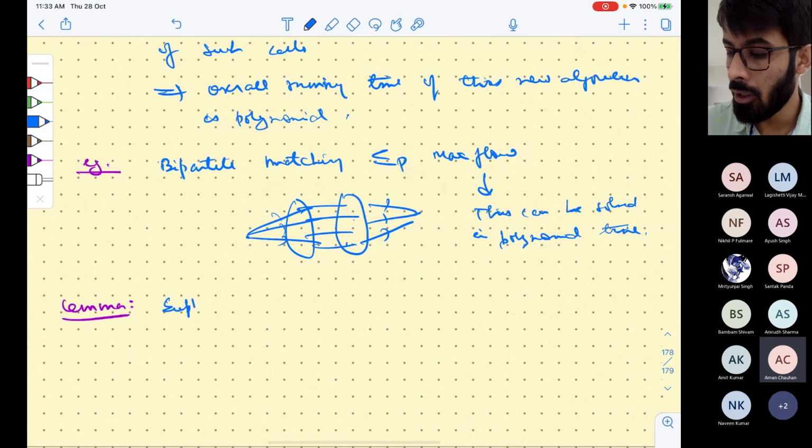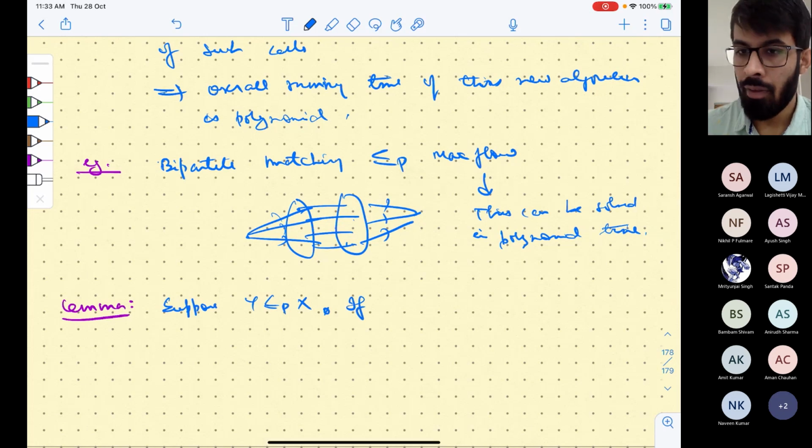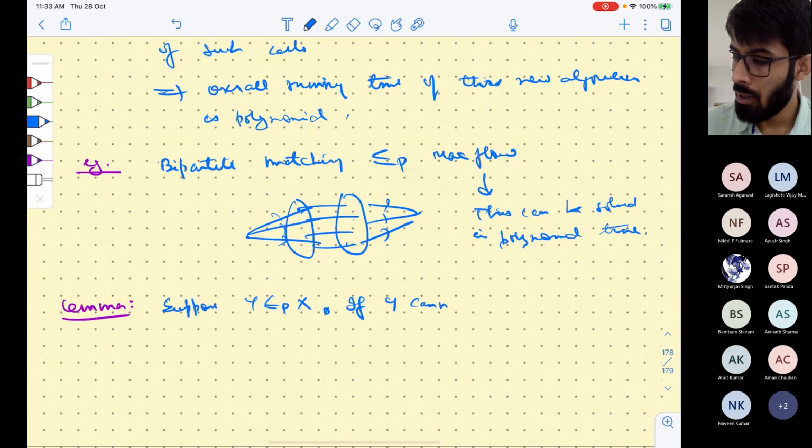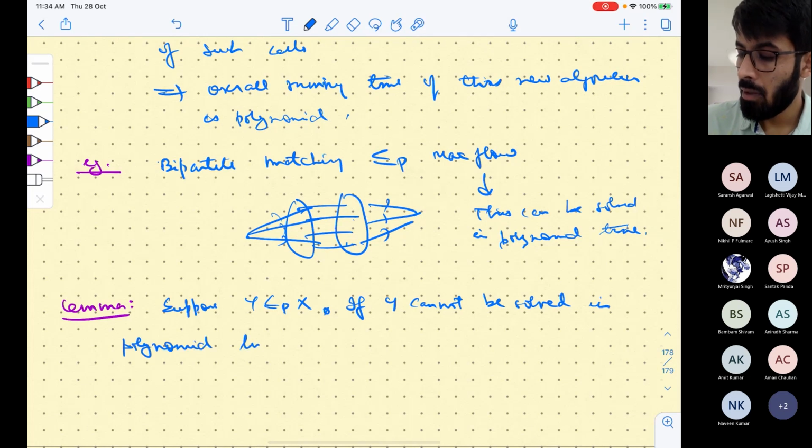So suppose Y reduces to X in polynomial time. Now, if Y cannot be solved in polynomial time, then X cannot be solved in polynomial time.